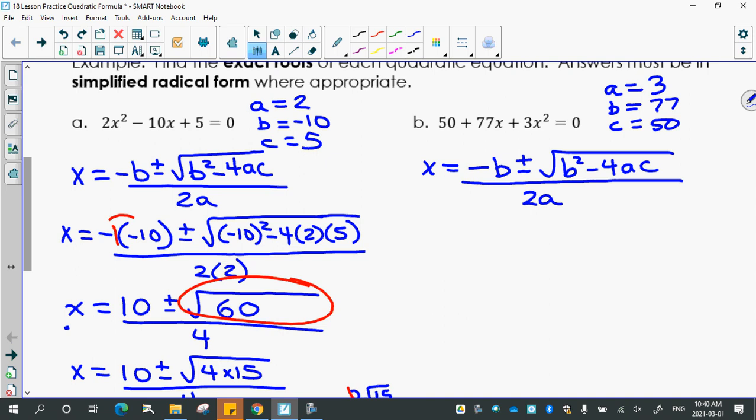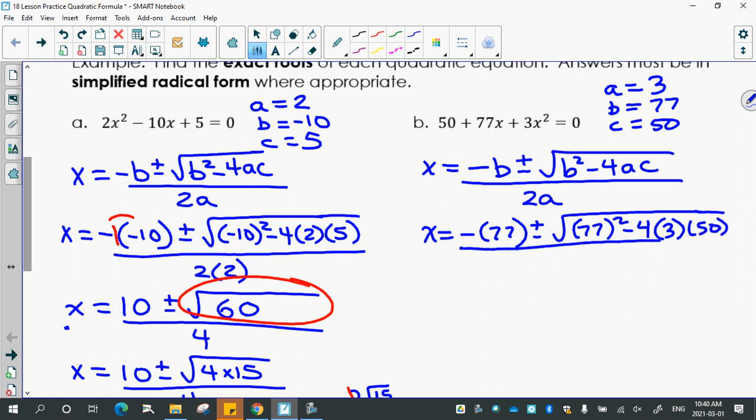Then we have our substituting step, where we put all the numbers in. So negative 77 plus or minus the square root of 77 squared minus 4 times 3 times 50 all over 2 times 3.